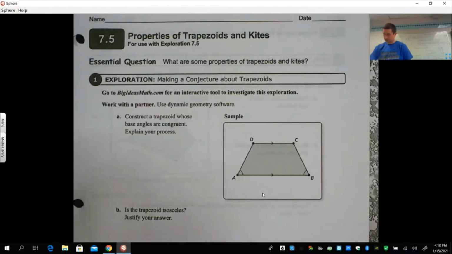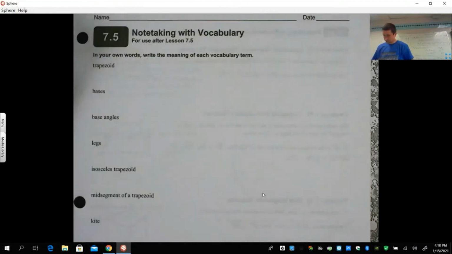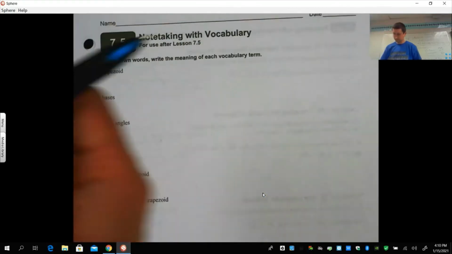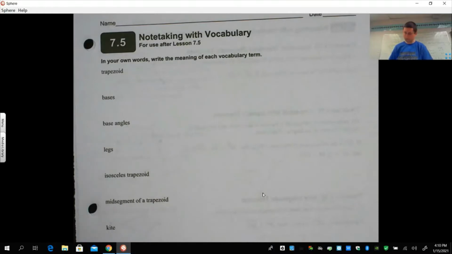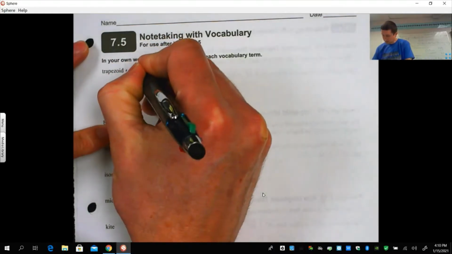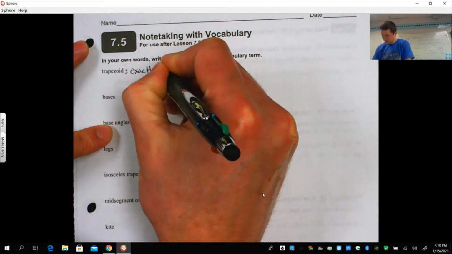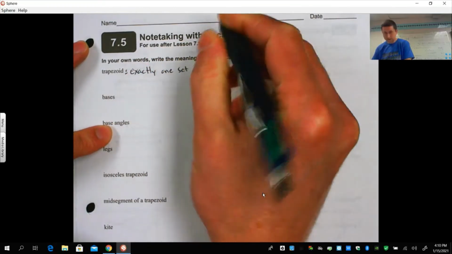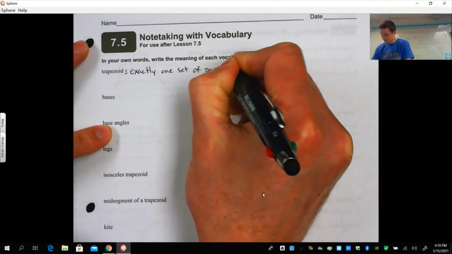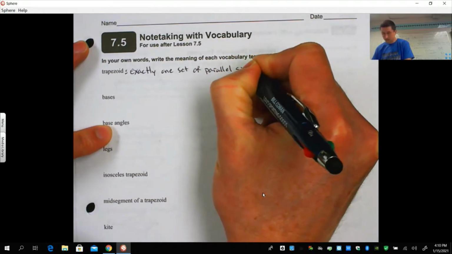So a few things with the trapezoids before we go look at the kites. Page 217 in your student journal. A trapezoid has exactly one set of parallel sides.